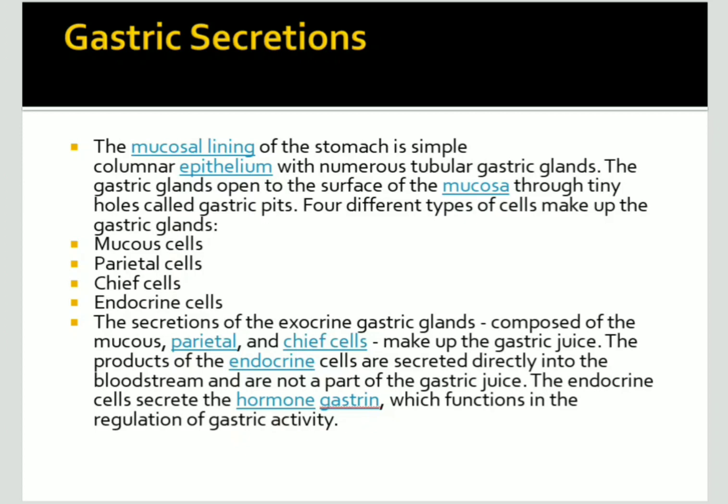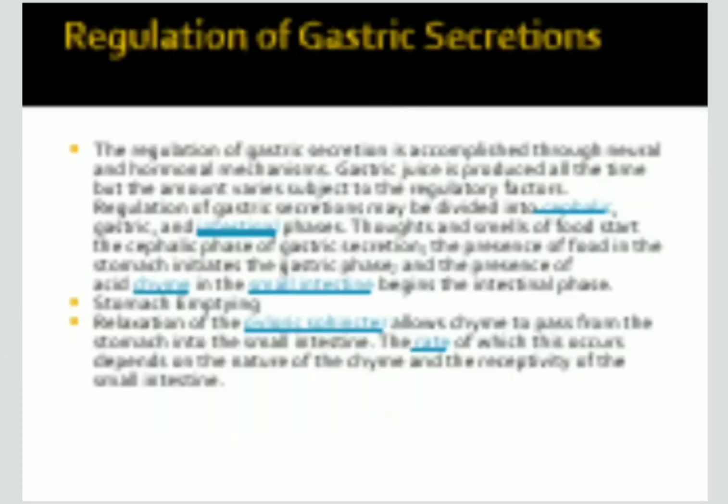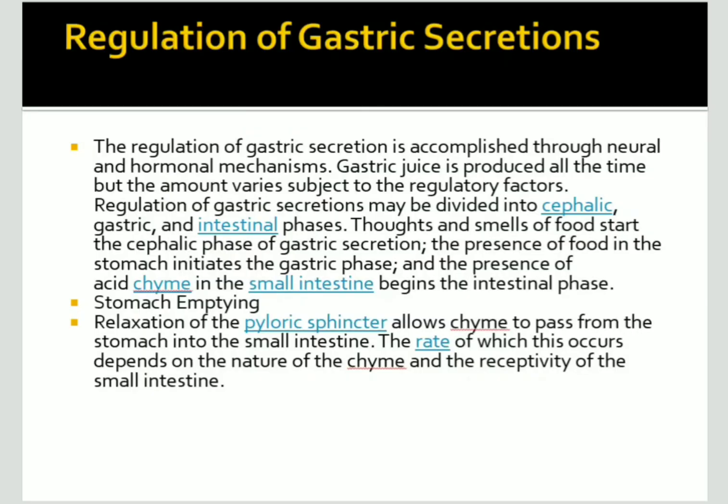The products of the endocrine cells are secreted directly into the bloodstream and are not a part of gastric juice. The endocrine cells secrete the hormone gastrin, which functions in the regulation of gastric activity. So these are the important cells, which act as both exocrine and endocrine cells, helping in the secretion of gastric juice as well as hormones.